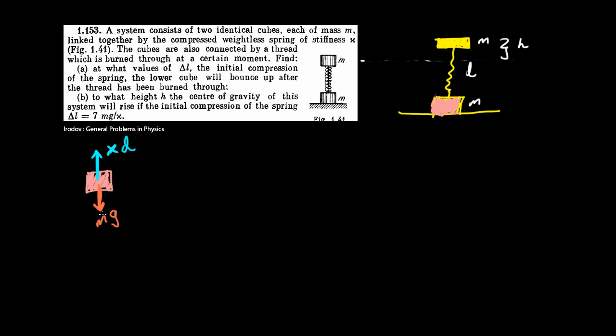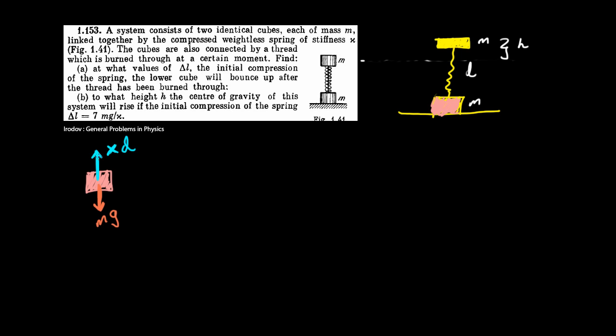And you might say that there will also be a normal force from the ground, but remember what they're asking, that the lower cube will bounce, right? It'll just bounce up. So for it to just bounce up, the normal force from the ground should become 0, right? Because you kind of feel weightless when you're just about to bounce up.